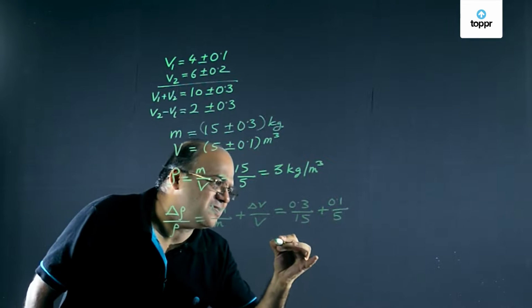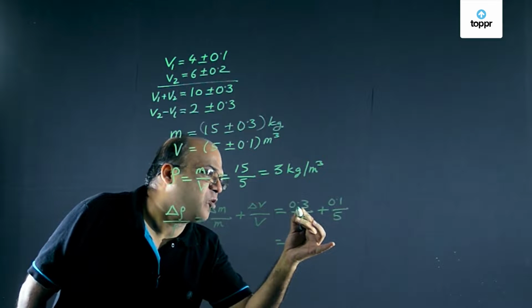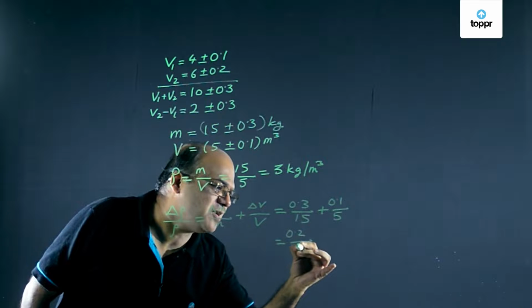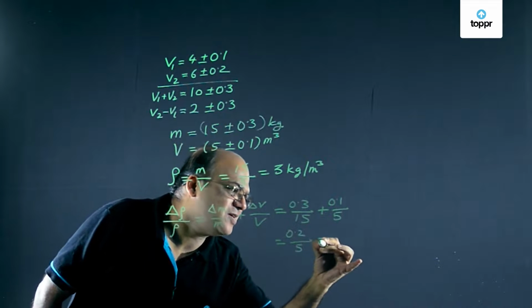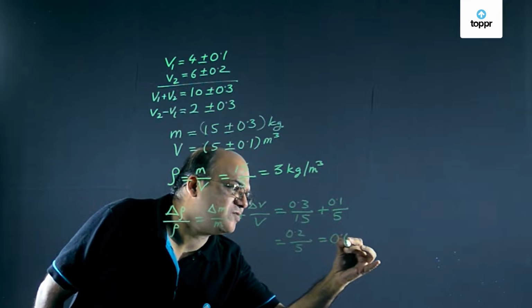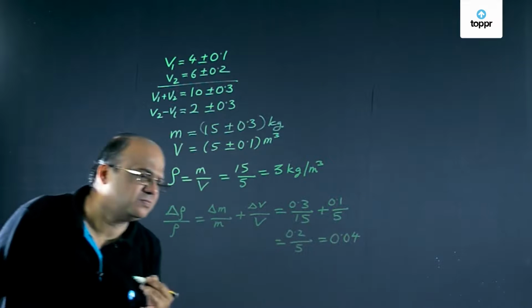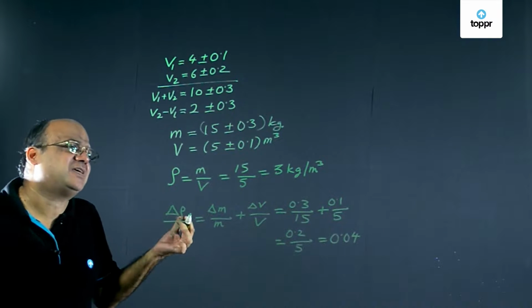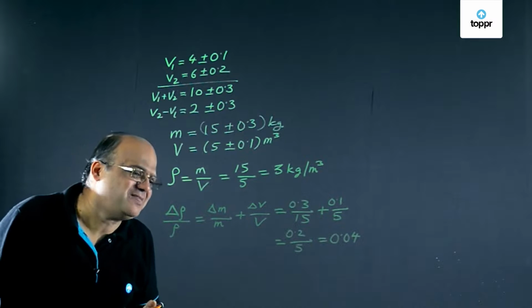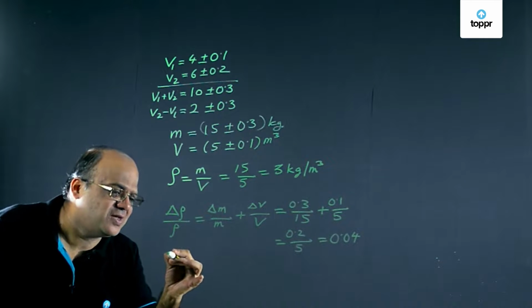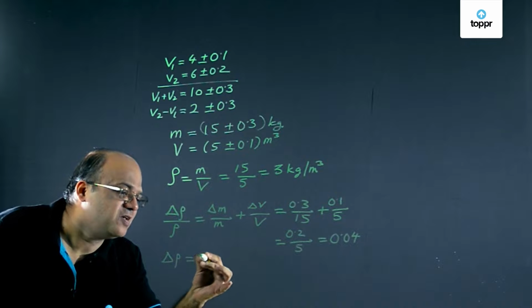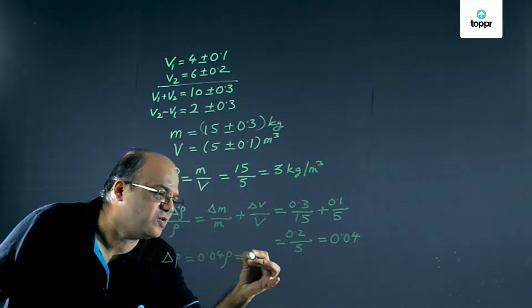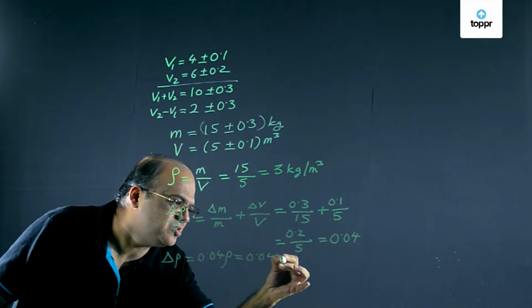And that is 5. So what do you get? This is 0.3 by 15, plus 0.1 by 5. If you add up you get 0.04. So this is the fractional error in density. So what is the error in density? We multiply that by density. So delta rho is 0.04 into rho, 0.04 into 3.